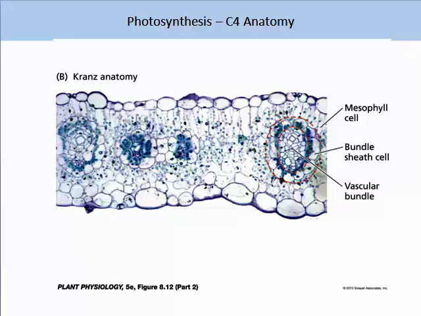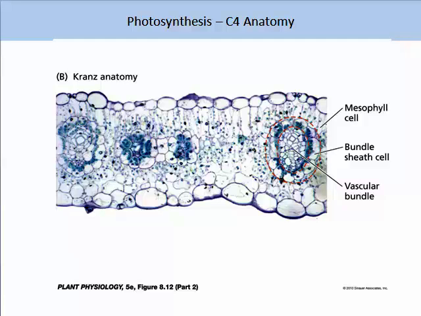The image on the slide shows a C4 plant's anatomy. It is this inner ring, demonstrated by the mouse here, that shows the bundle sheath cells around the vascular tissues, and an outer layer of mesophyll cells which is in close contact with the epidermis.